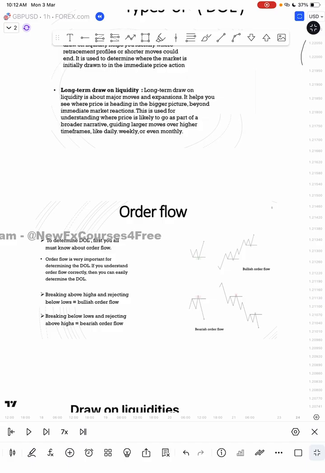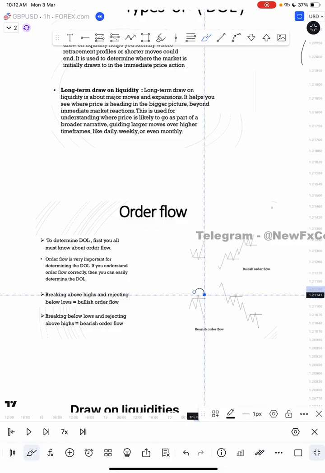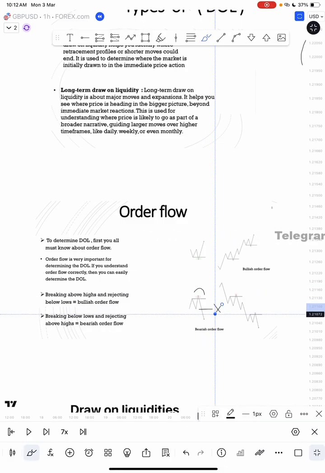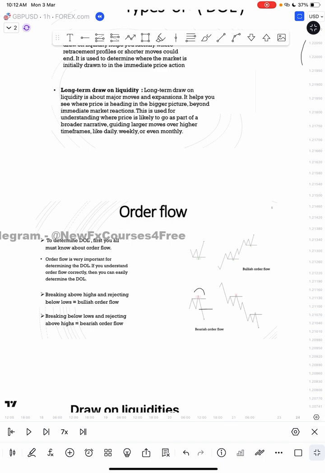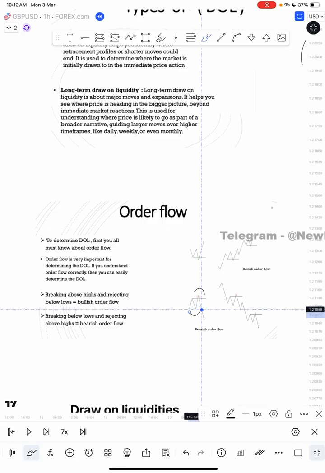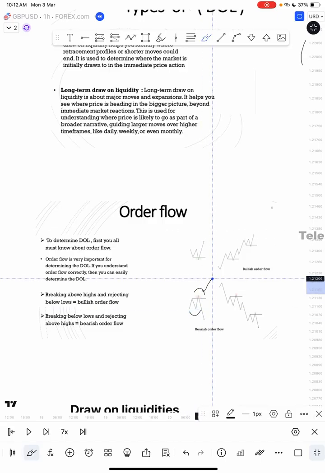Then what is the bullish order flow? Breaking above highs and rejecting lows. Rejecting highs, sorry about that. Rejecting highs is for your bearish order flow. Rejecting highs, then breaking lows. Here, this low was broken and this high was rejected.